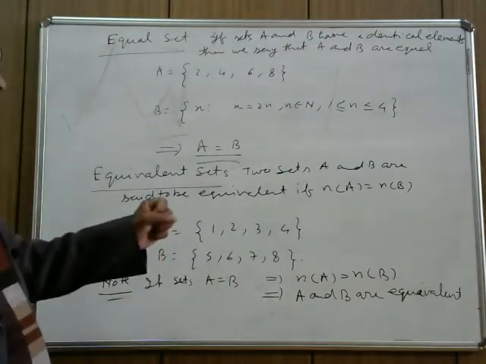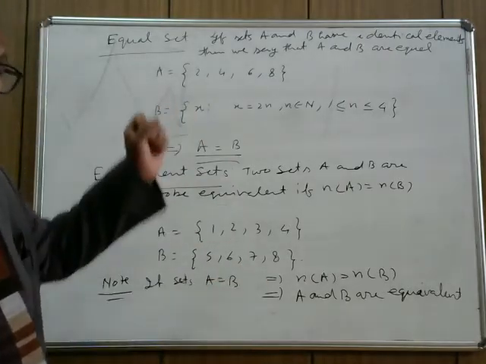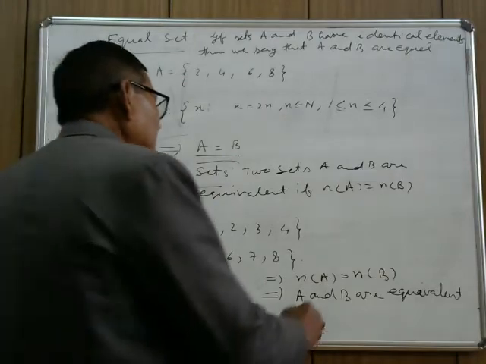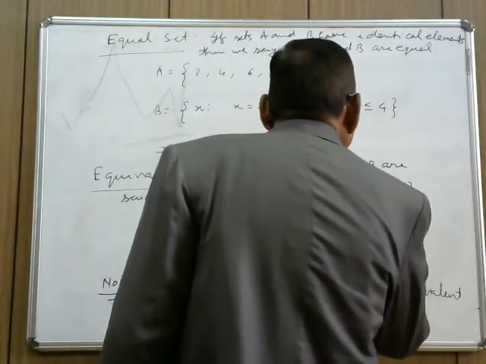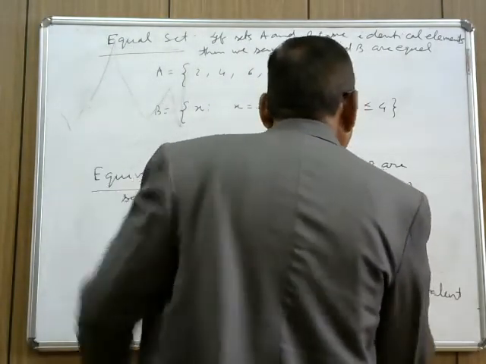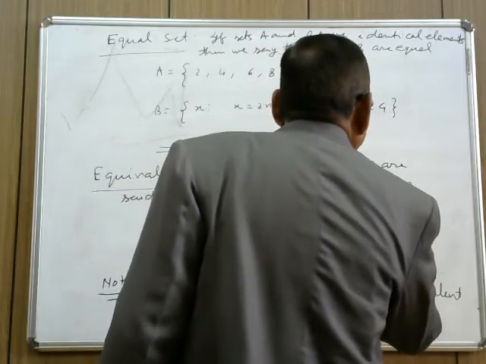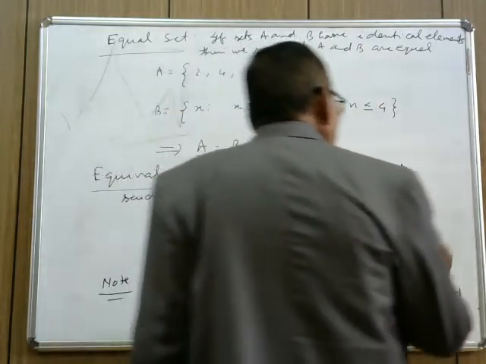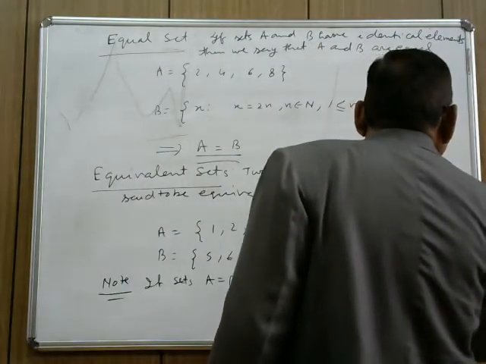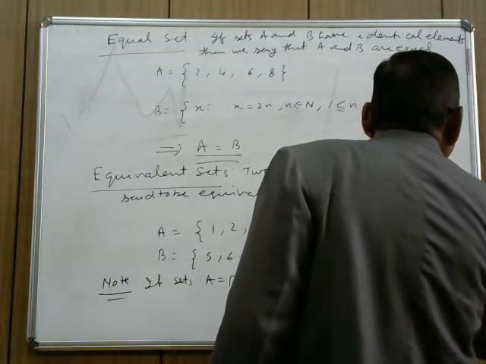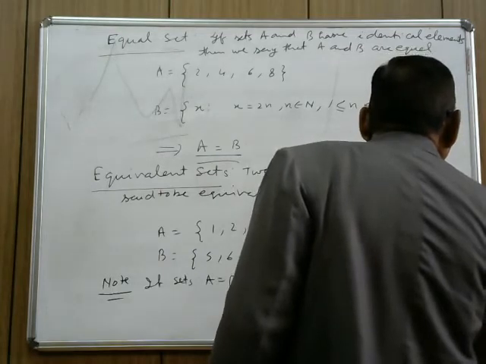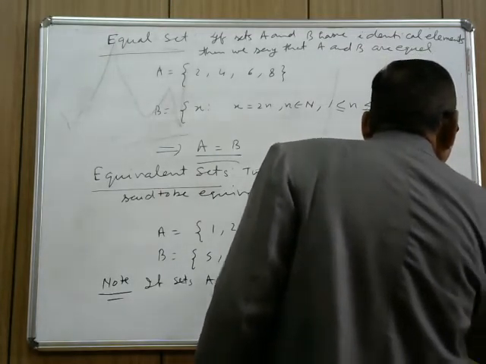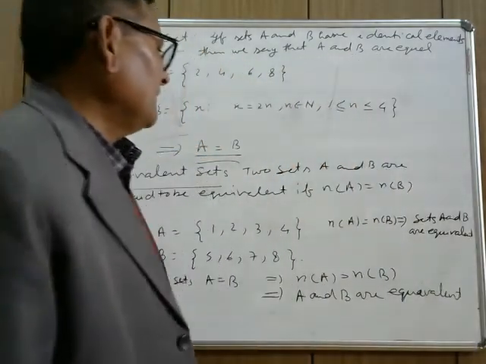Equal sets have the property of equivalent sets. In the equivalent case, the number of elements in A equal to the number of elements in B implies that sets A and B are equivalent.